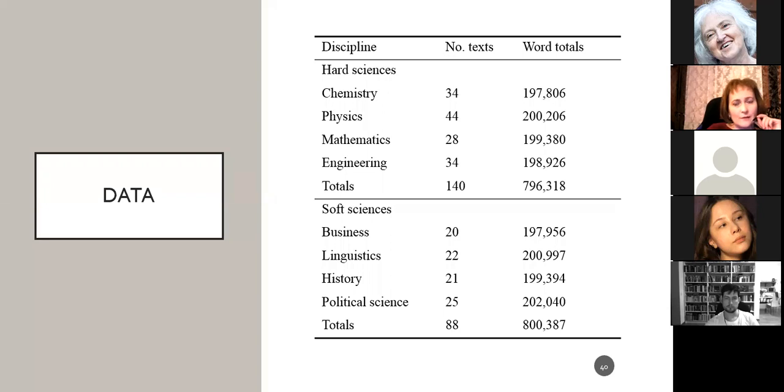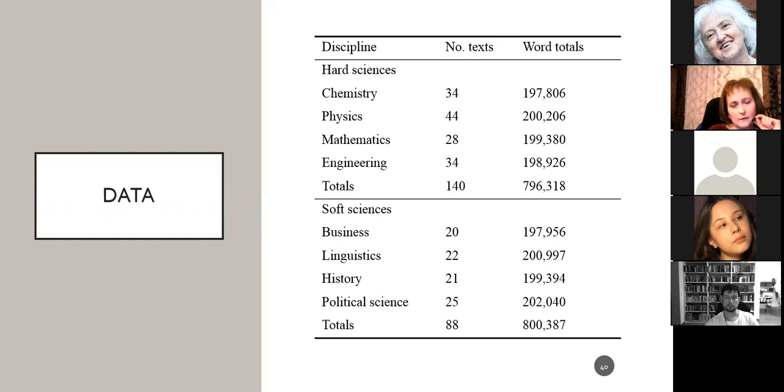So here on the slide, you can see my data. It's a corpus of research articles published in leading peer-reviewed journals in 8 disciplines: 4 hard disciplines such as chemistry, physics, mathematics, and engineering, and for soft sciences, business studies, linguistics, history, and political science.